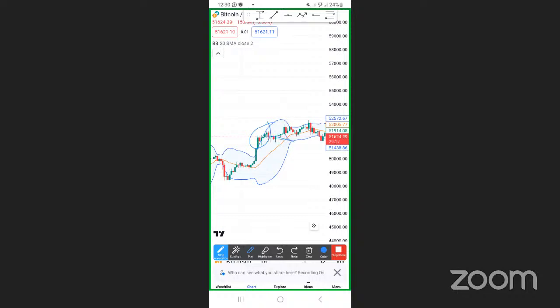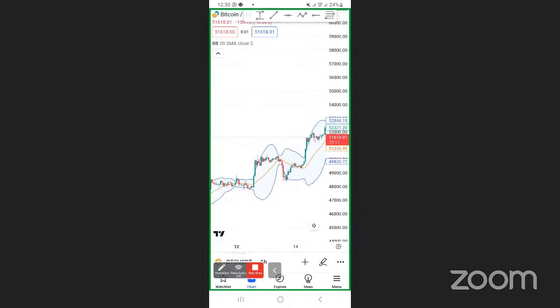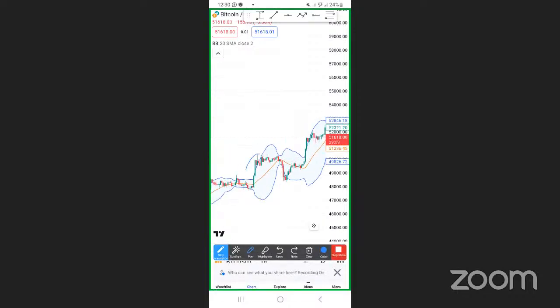You get it? So every time you see the price is outside the band, it means that the buyers have overstretched, but it can never go up forever. It will have to come back to where the price prefers.